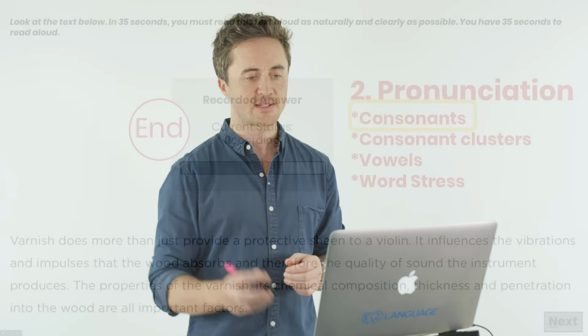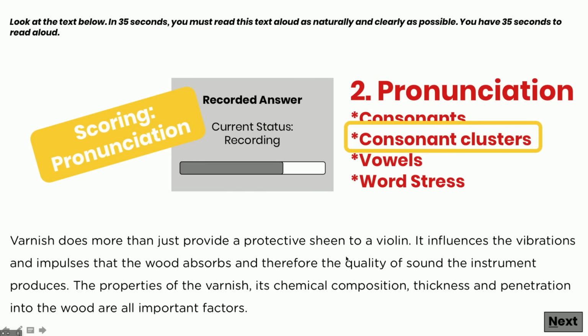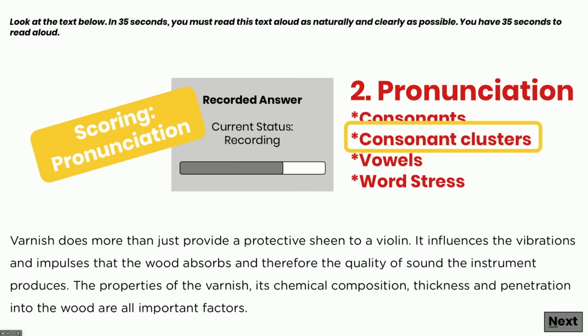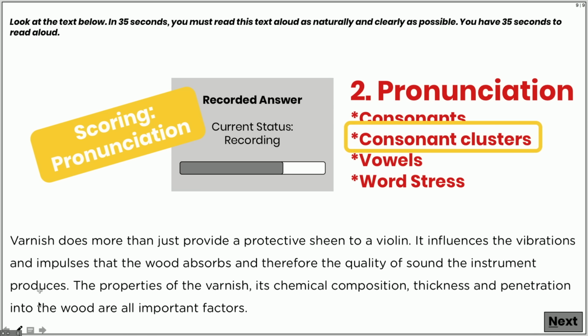Cool bananas. All right, let's have a look now at consonant clusters because, well, consonants are easy. Consonant clusters are when it gets pretty tough. Let's take a look. Okay, so if we look in this paragraph here, you now know what a consonant is.